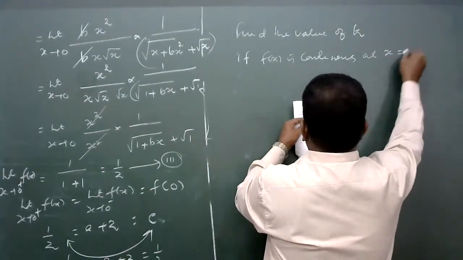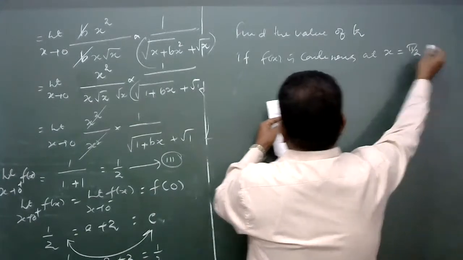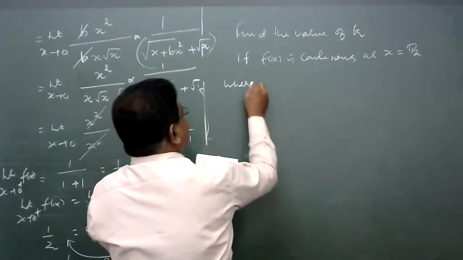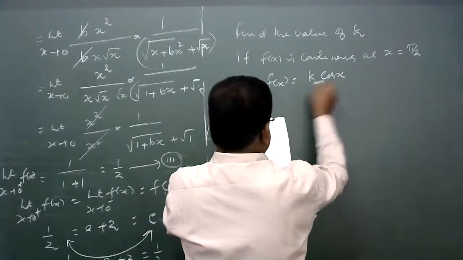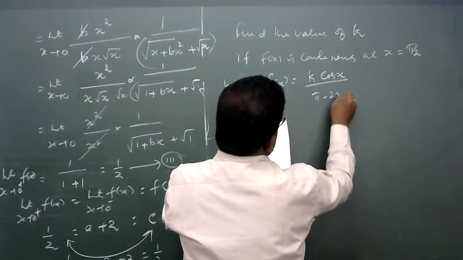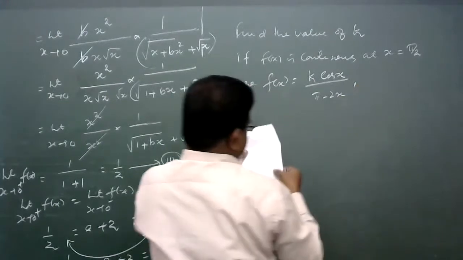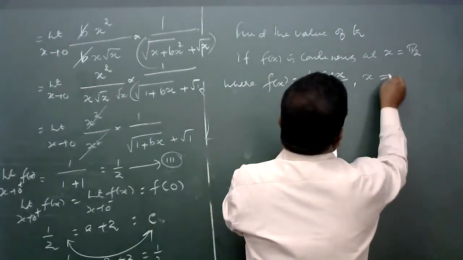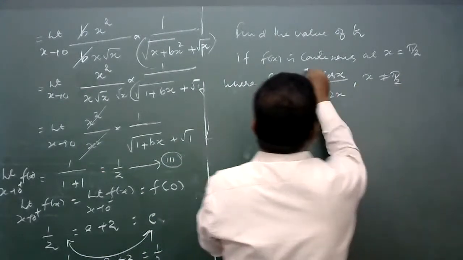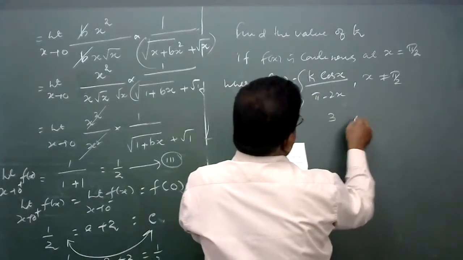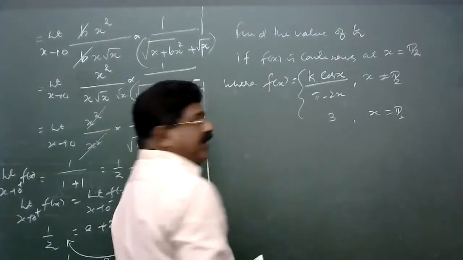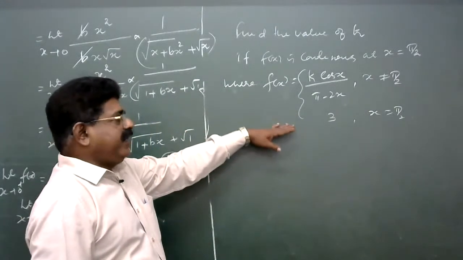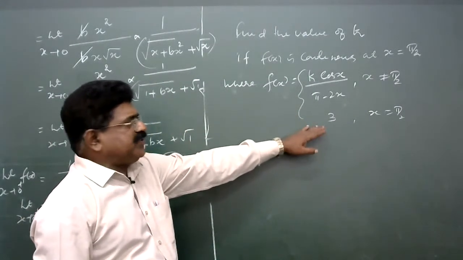Here x is equal to pi by 2, where f of x is equal to k cos of x upon pi minus 2x when x is not equal to pi by 2. And here it is 3 when x is pi by 2. The value of the function when x is equal to pi by 2 is 3. It is very clear.